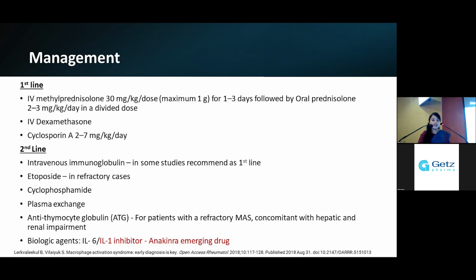The second line therapies are IVIG, etoposide, cyclophosphamide, plasma exchange, and anti-thymocyte globulin for patients with refractory MAS, and biological agents like IL-6 and IL-1 inhibitors. Of these, etoposide is considered very effective in refractory cases of MAS, and although the IL-1 inhibitor is not available in Sri Lanka, anakinra is an emerging drug to manage macrophage activation syndrome.